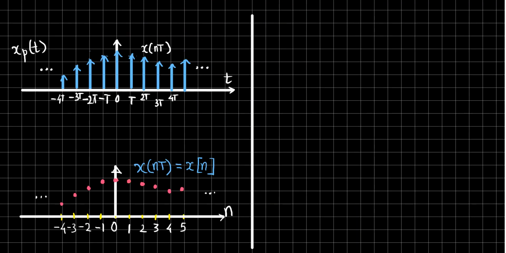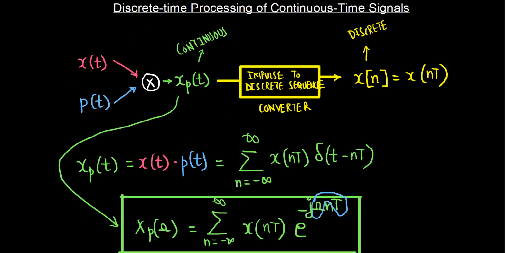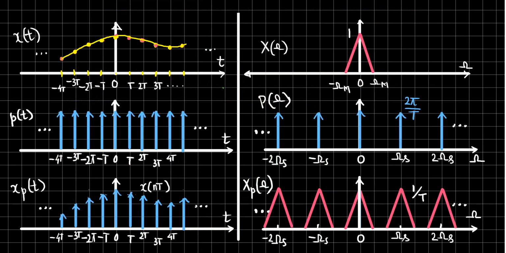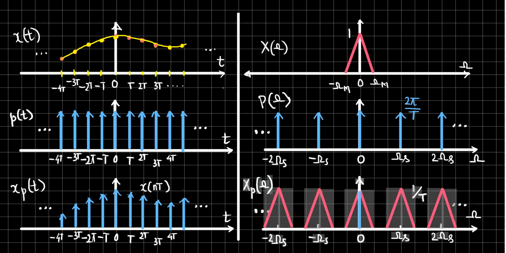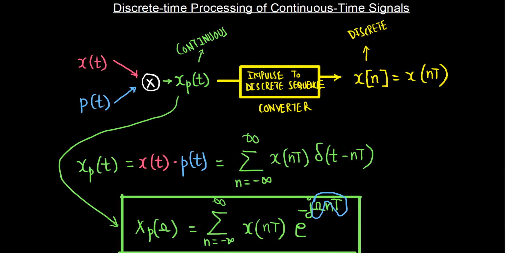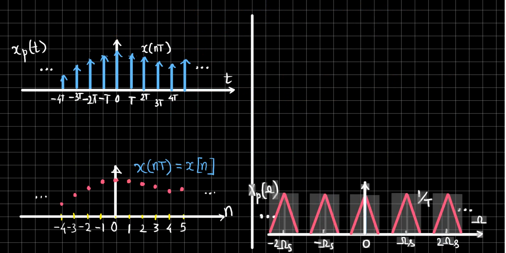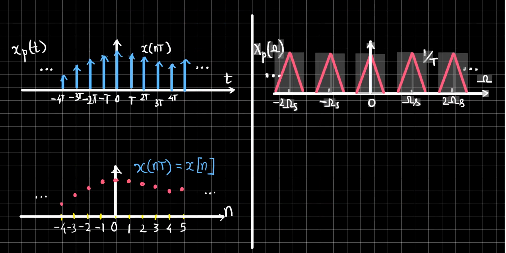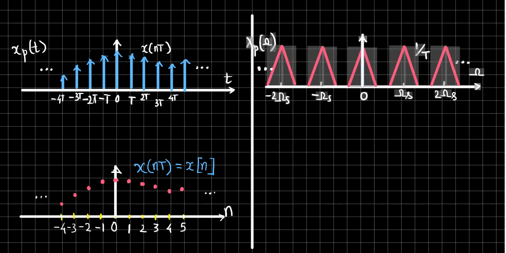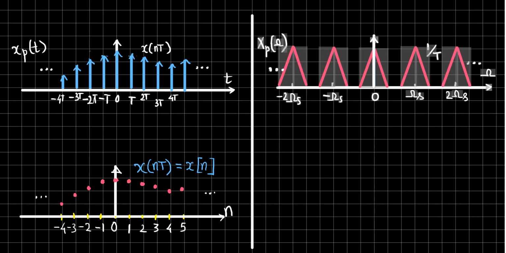Now we are going to see what is going to be the case for the Fourier domain. The Fourier domain representation of this xp of omega is this one. So let me copy that and paste it here. So this is the Fourier domain representation of xp of t, that is being indicated by xp of omega.